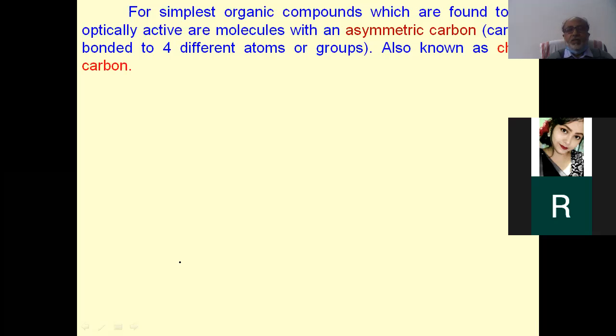What is meant by asymmetric carbon? We know that optical isomerism will be shown by molecules which are asymmetric. But for an organic molecule which is asymmetric, what happens?